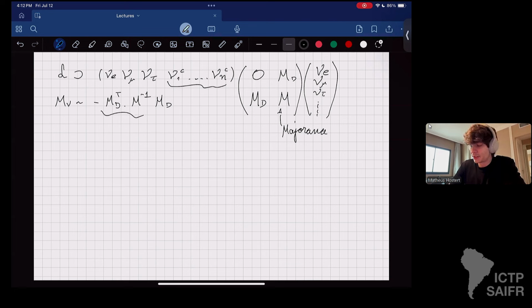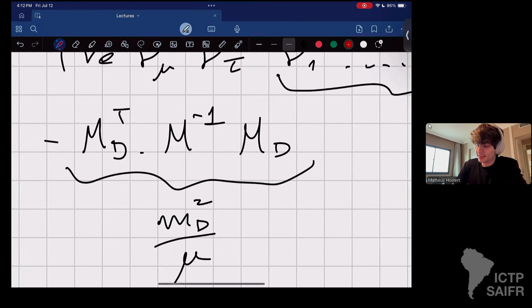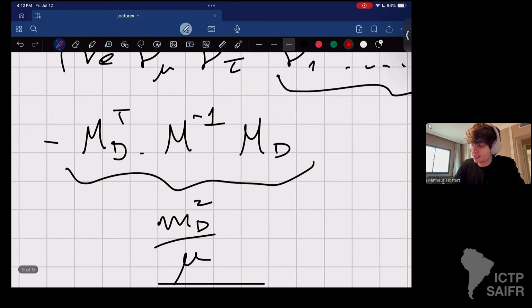Look, this is reminiscent of our m_D squared over mu, right? It's basically the same thing in matrix form. But the major difference is that this matrix on the inside is an n by n matrix. And that makes a big difference, okay?